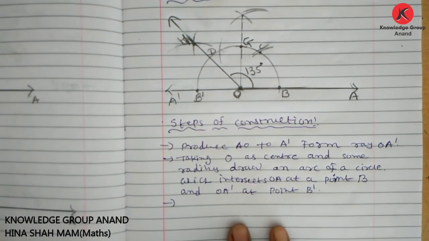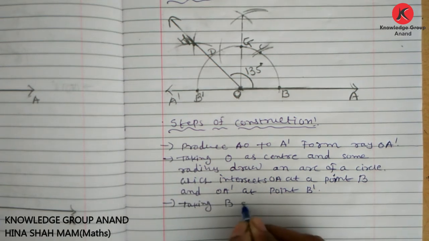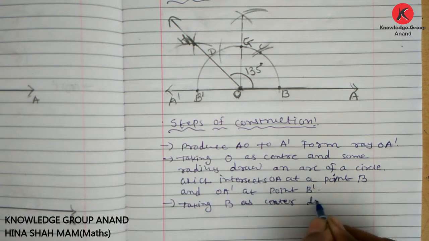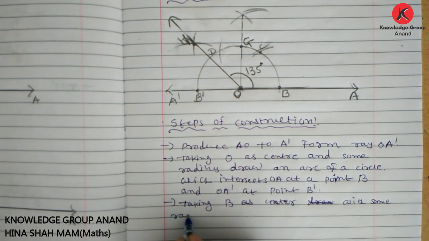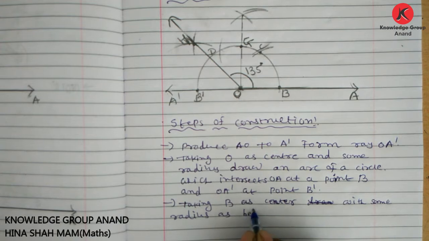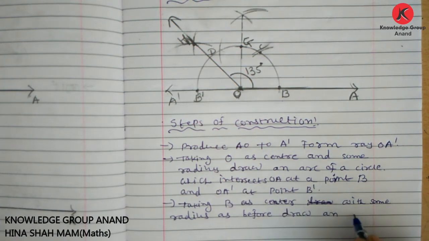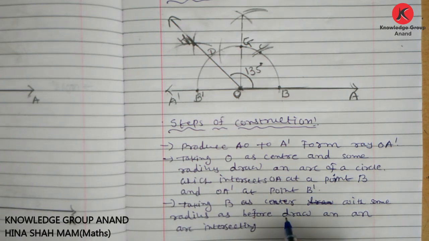Taking B as center, with the same radius as before, draw an arc intersecting the previous arc at a point C.